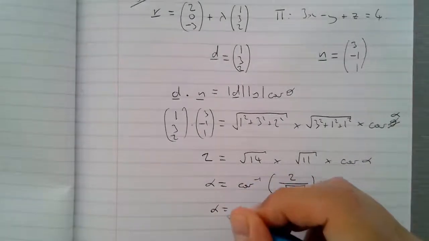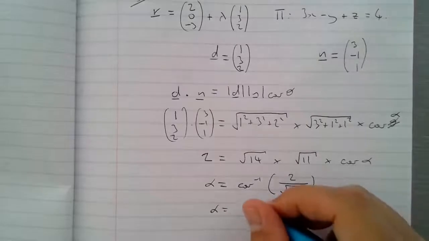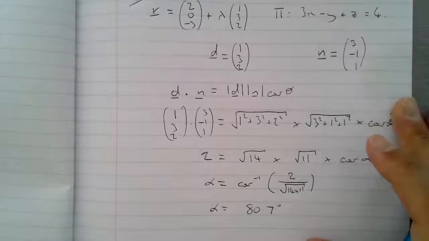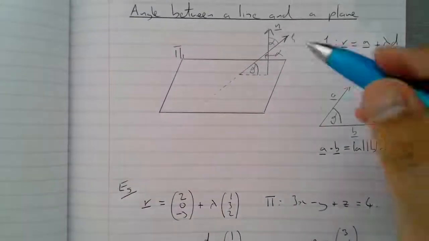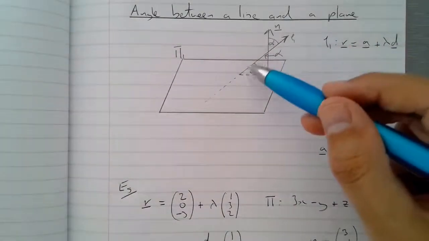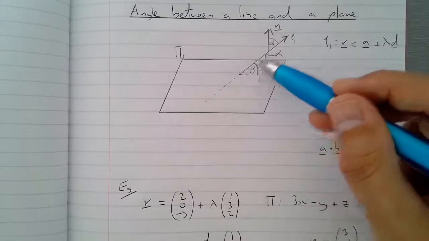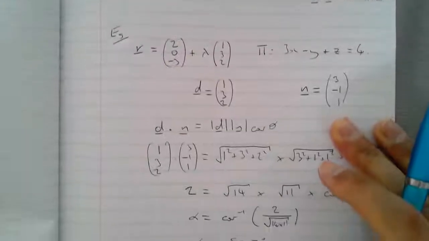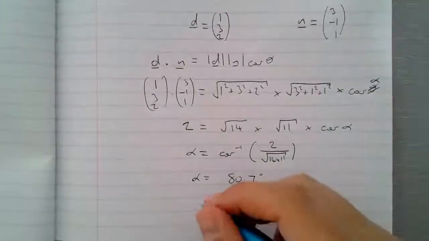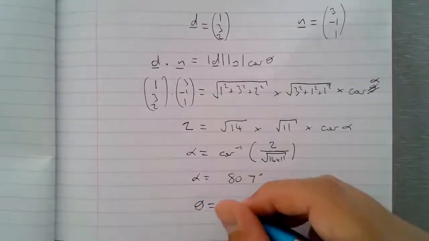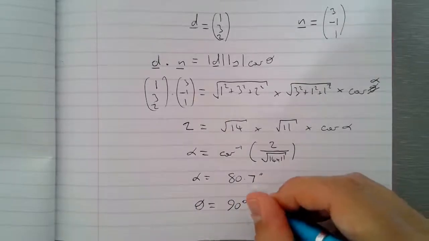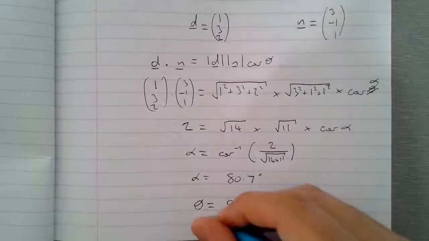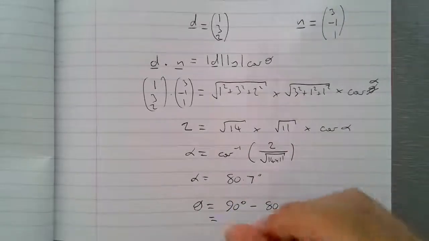So alpha is going to be 80.7 degrees. So that gives me this angle here, that alpha there. That alpha there is the same as what would be in here, thinking about corresponding angles. And so if I want to know what theta is, it's going to be 90 degrees minus 80.7 degrees, which of course is just 9.3 degrees.